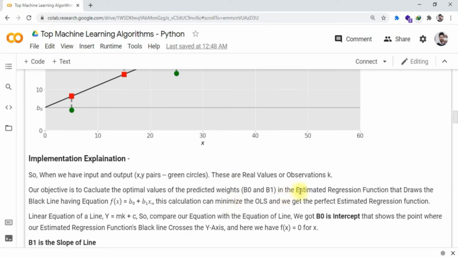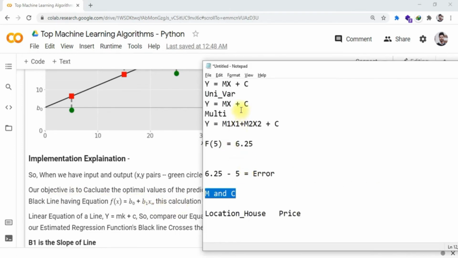To get the best values of these two, we are going to draw an equation of a line that I will show you here. If we have only one independent variable, the equation is going to be like this, and here it is like this. It is very similar, totally similar, where b0 is the intercept and b1 is the slope.